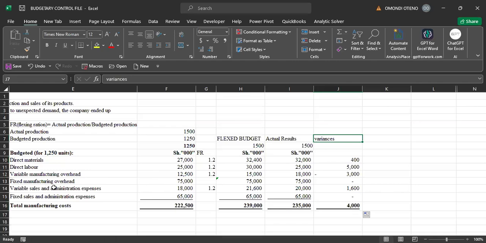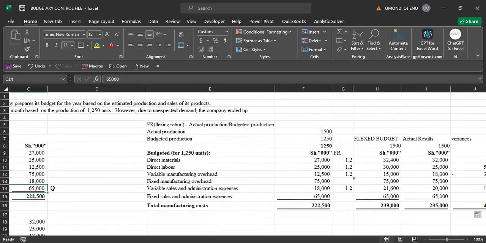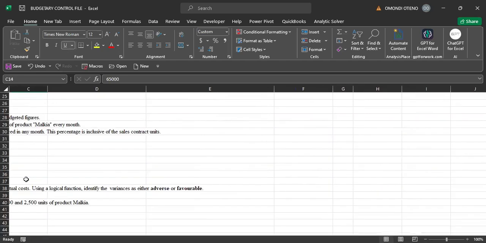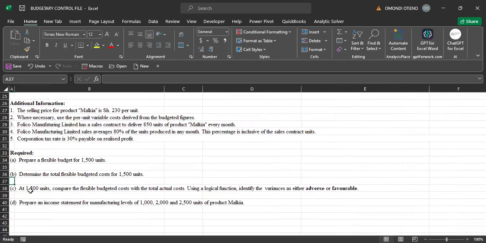But now look at what they have introduced. Remember this question here. We've been able to do everything. The first thing, at 1,500 units, compare the flexible budgeted cost with the total actual cost, we've been able to do perfectly. Then they are telling us, using a logical function, identify the variances as either adverse or favorable.